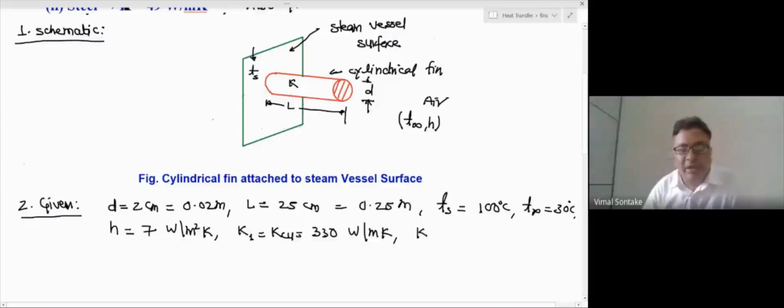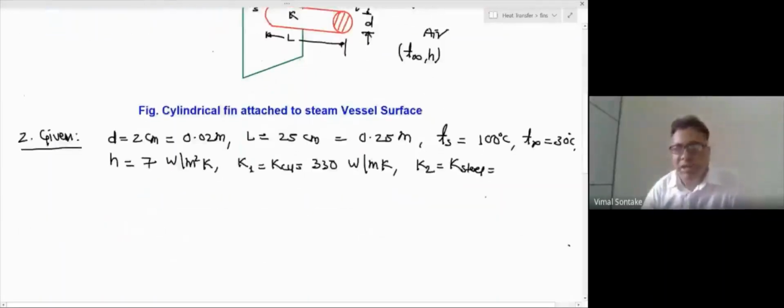And then thermal conductivity k2, that is of steel, is given as 49. So these are the values given to me.